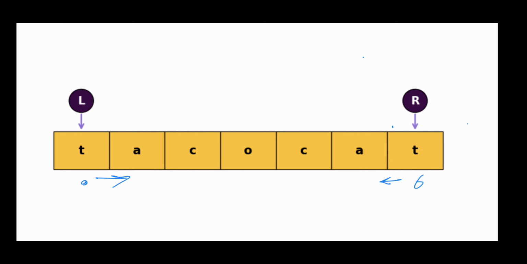Right now these two are T. So T is equal to T. We decrement right by 1 and we increment left by 1. So these two move toward the middle of the string.